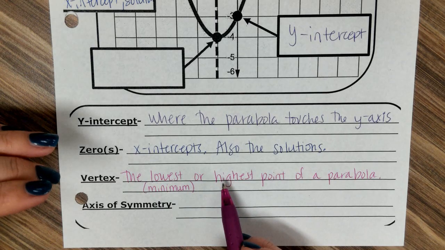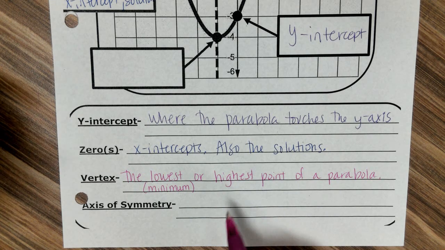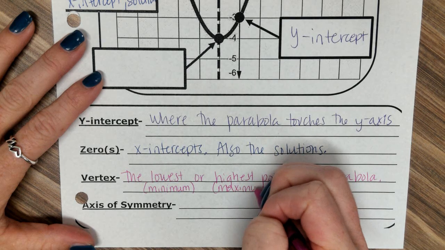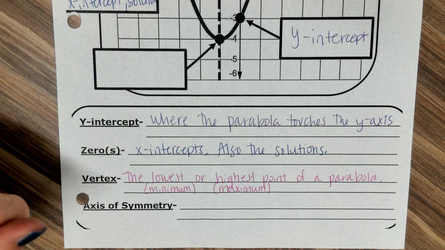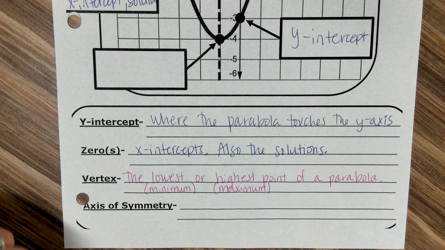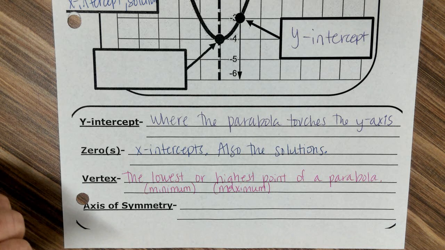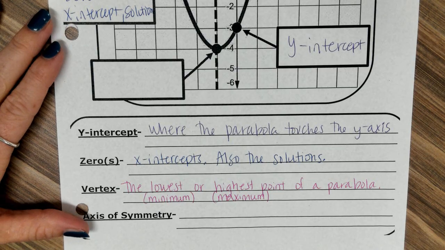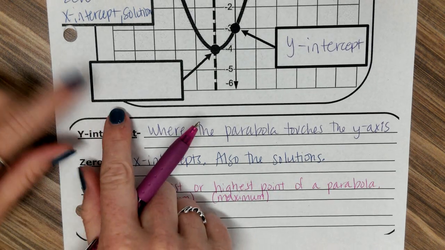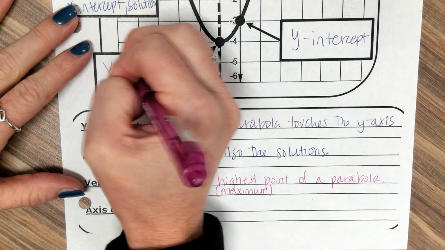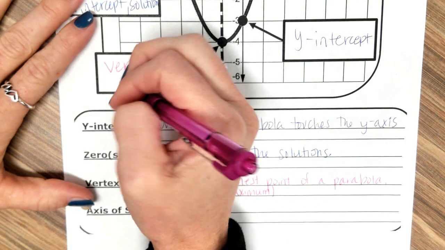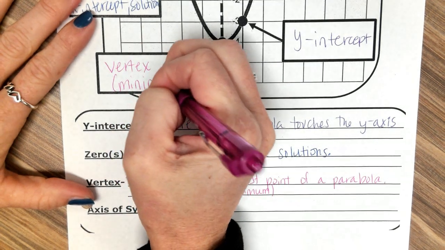If it's the highest, what do y'all think we call it? A maximum. So it just depends on the picture. So where do y'all think the vertex is on this picture? Right here. So this is the vertex, and would this be an example of a minimum or a maximum? A minimum. It's the lowest point it goes.